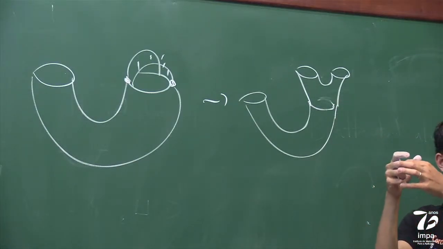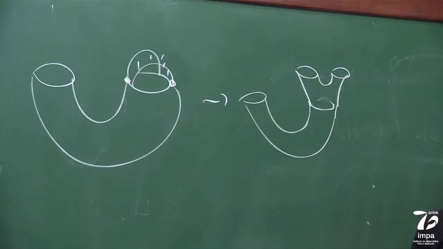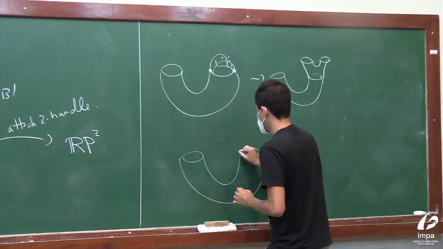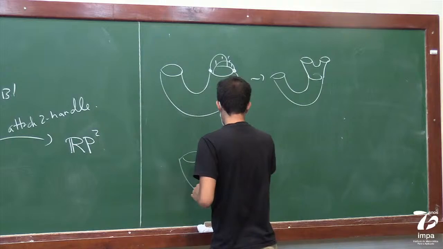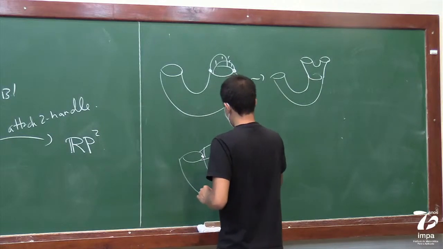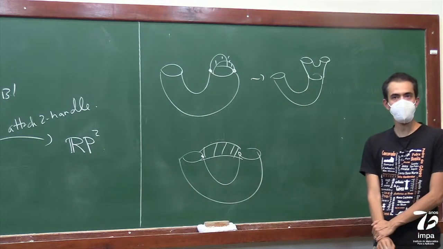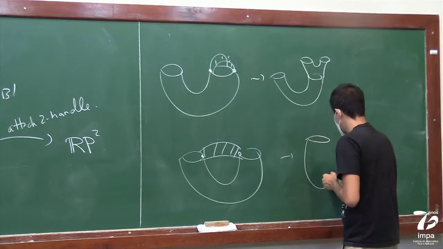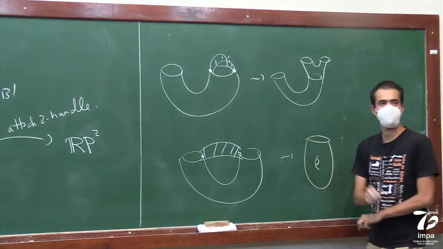My boundary component gets split into two. So I have this. And the other thing I could have done is choose my S0 like this, 2 points, and then attach a handle like this. And now what I obtain is something like this.